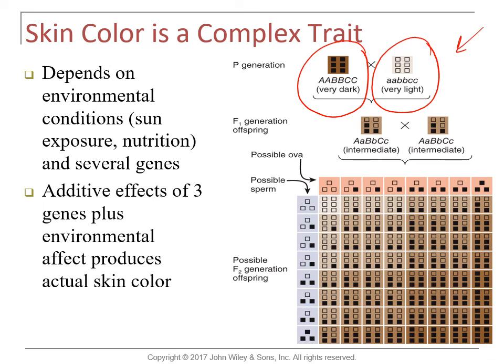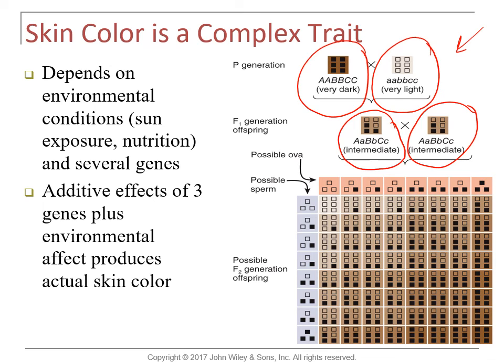And then a person with the genotype big A, letter A, big B, letter B, big C, letter C has an intermediate skin color. Both those have intermediate skin colors. So parents having an intermediate skin color may have children with very light, very dark, or intermediate skin color.